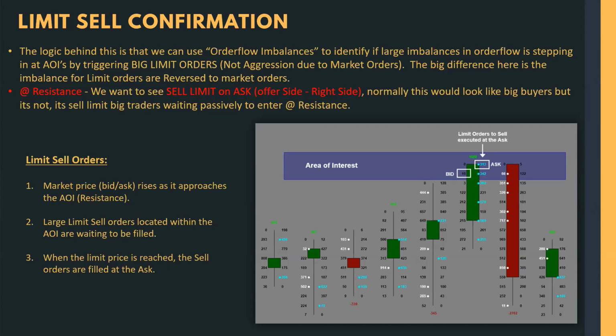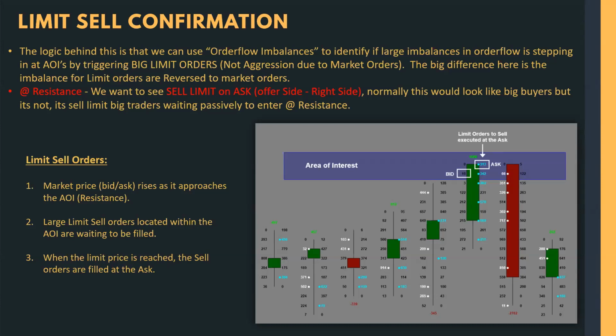In fact, I had to really think on this for a bit and understand it, and then to validate it, it makes complete sense. The logic behind this is that we can use order flow imbalances to identify if large imbalances in order flow are stepping into an area of interest by trading big limit orders, not aggression due to market orders. The big difference here is that the imbalance for limit orders is reversed compared to market orders.